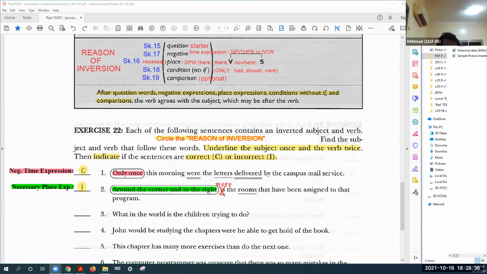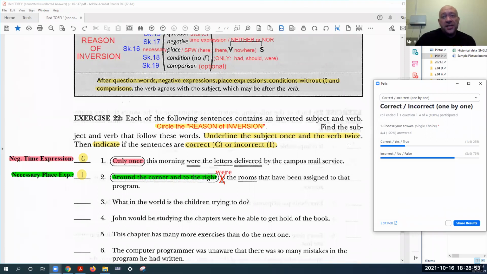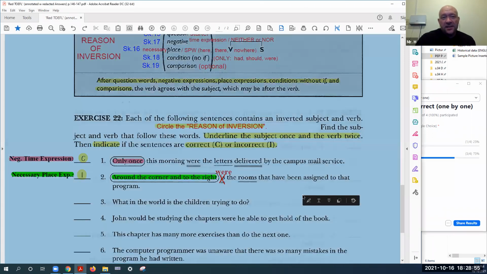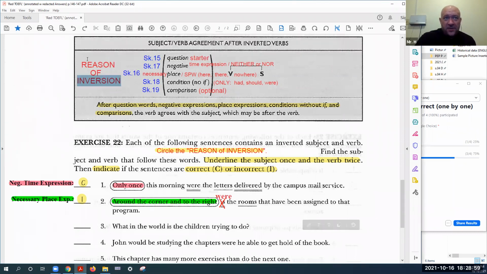Mr. Rich, I put correct, but I think it's incorrect. Oh, that's how you lose marks in TOEFL. Don't share the answer. Ahmed, you're the only one to say it's correct. So tell us why you think it is incorrect. Let's first of all find the reason, the reason to invert.